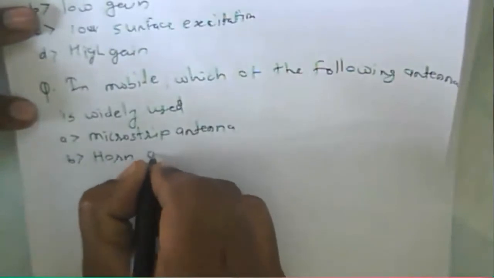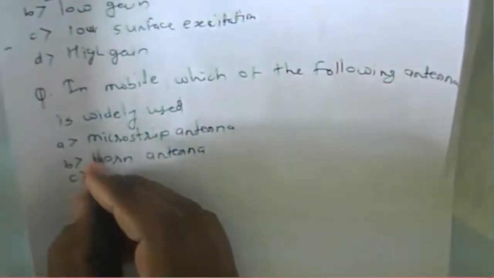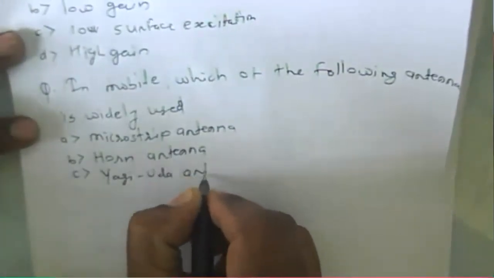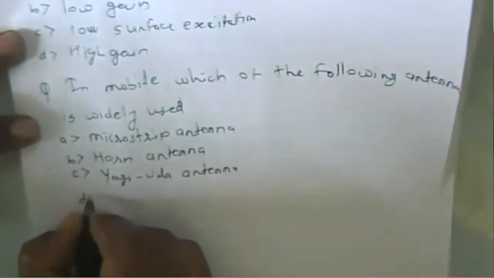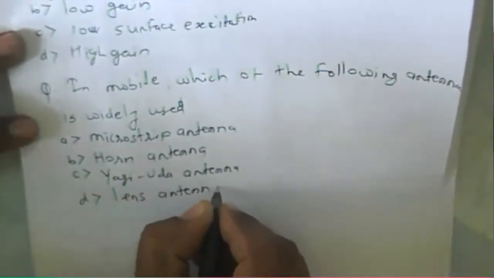B, horn antenna. C, Yagi-Uda antenna. And D, lens antenna.